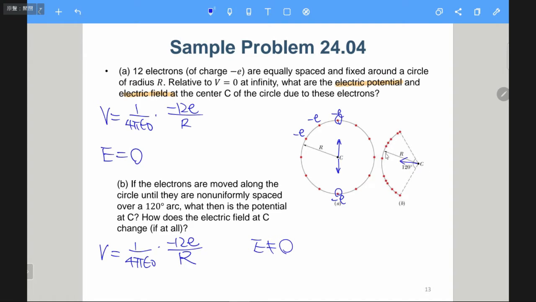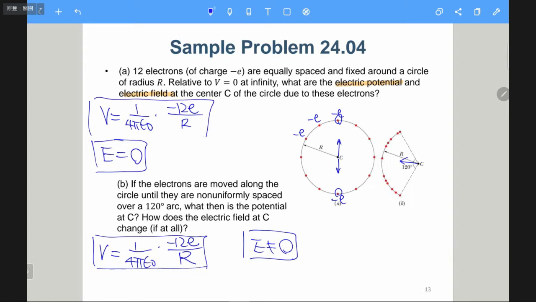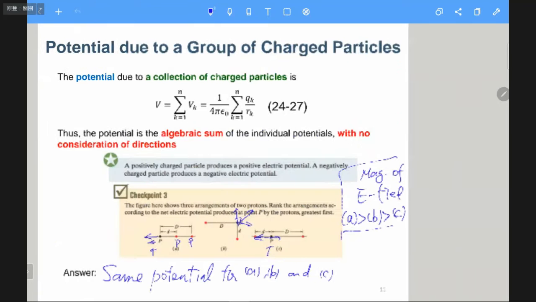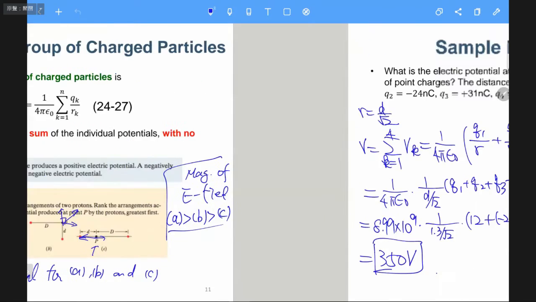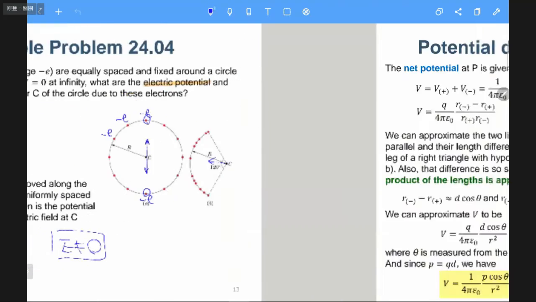It's hard to tell, but the only thing we can confirm is that E is not 0 for part B. So this is the case where V will be the same and E is different, similar to this case, where V will be the same and E is different at a point only.